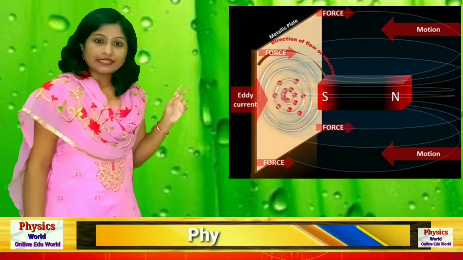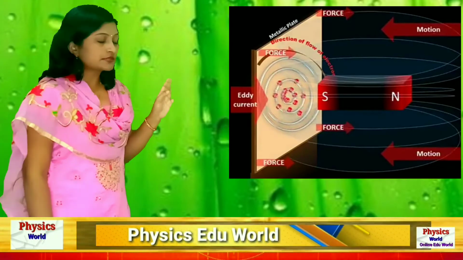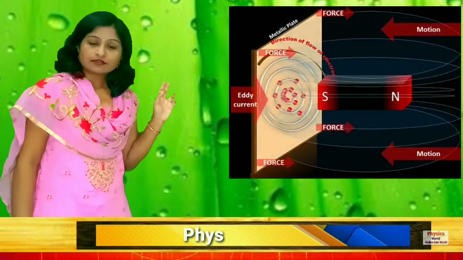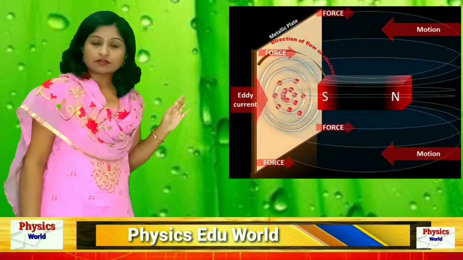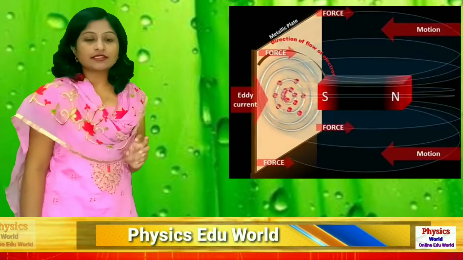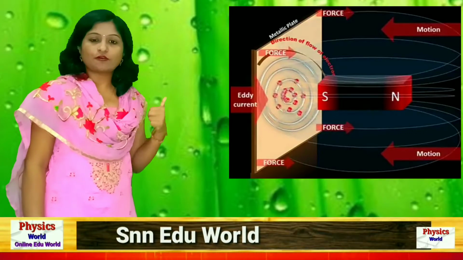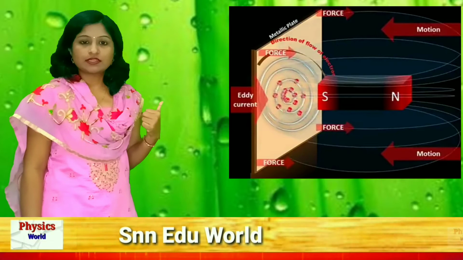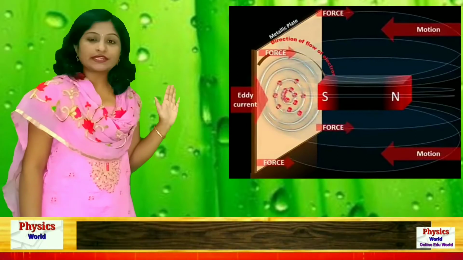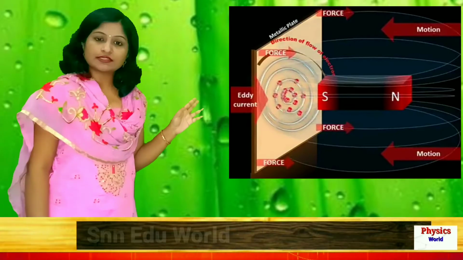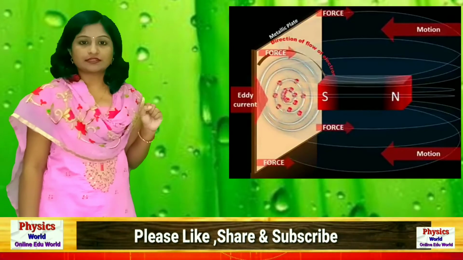So this magnet moving towards the metal block increases the current in the metal block, and this increased current is in the form of the eddy current. Okay, so this format resembles an eddy, hence its name is eddy current.